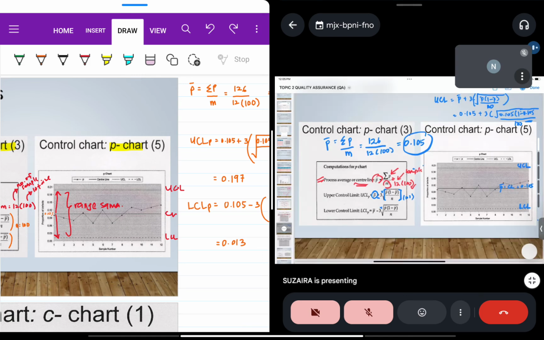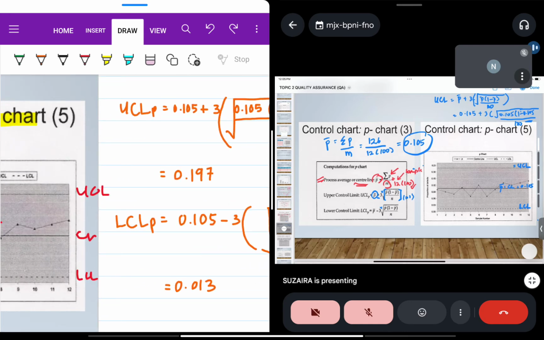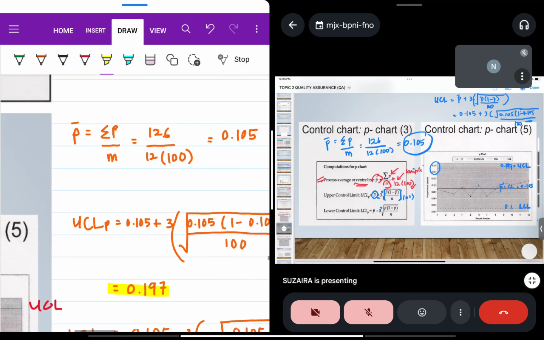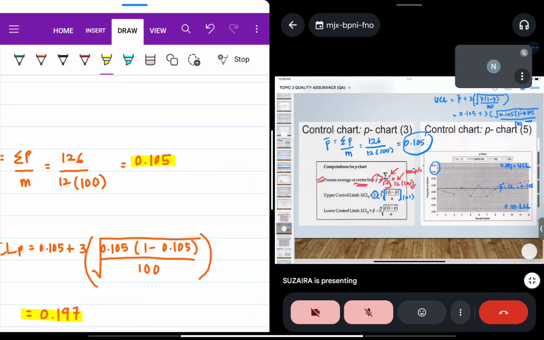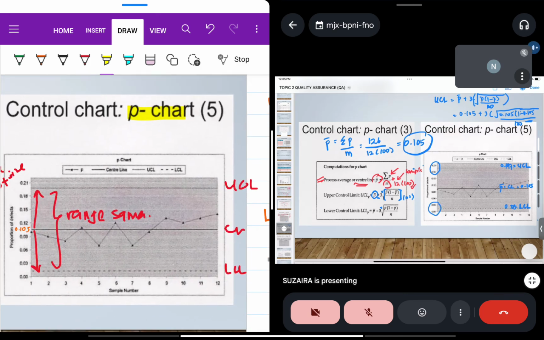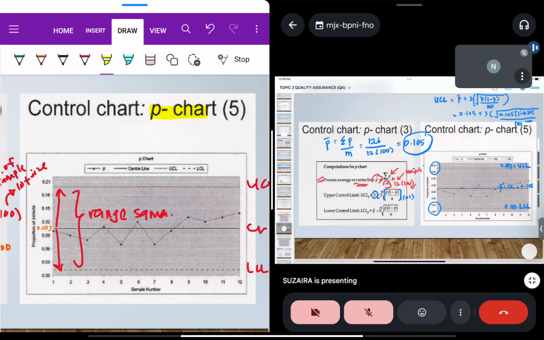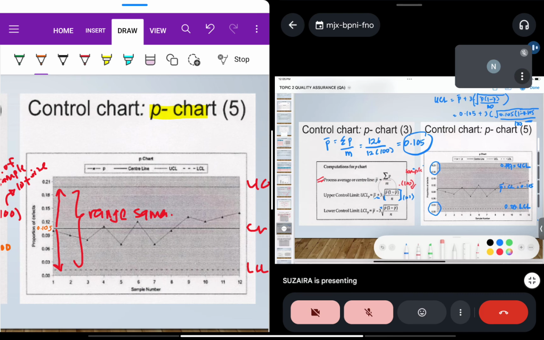If you look here, the UCL will be around this area, 0.197, and the LCL, 0.013, should be in this area.